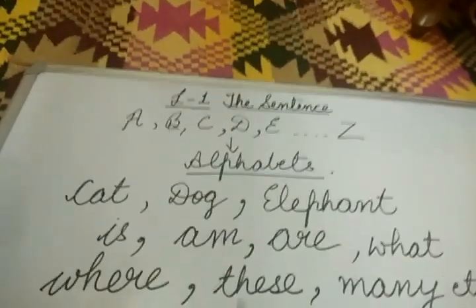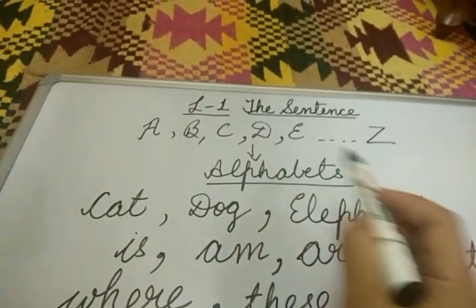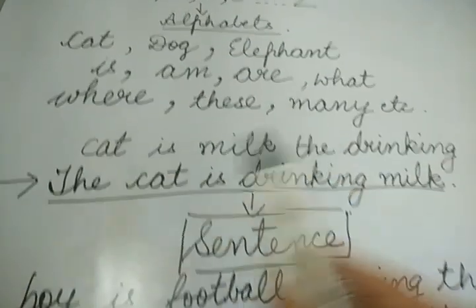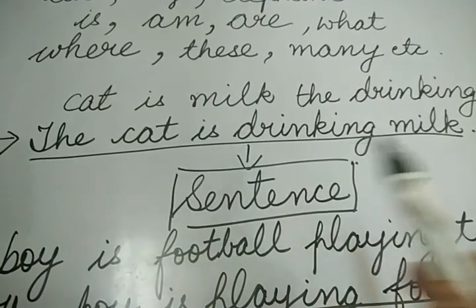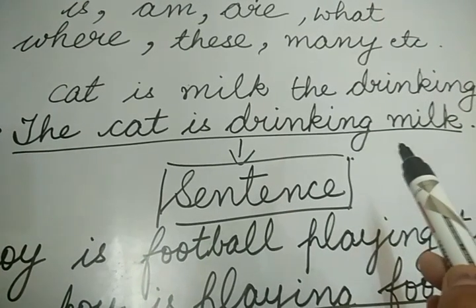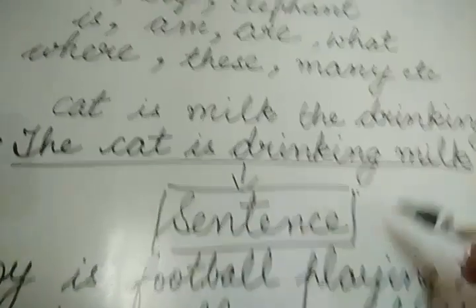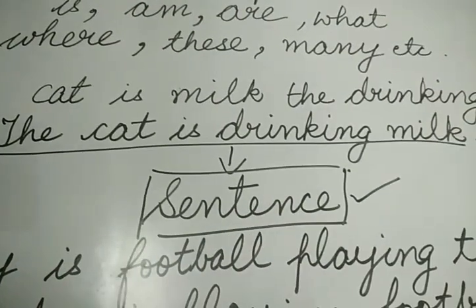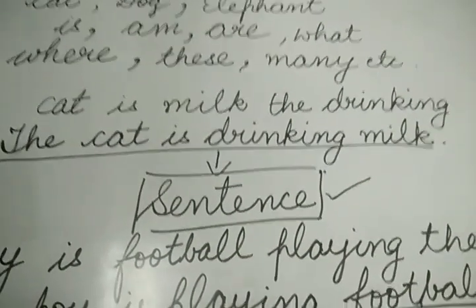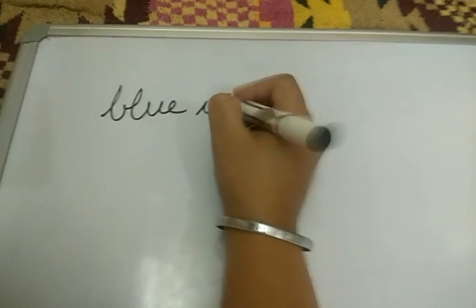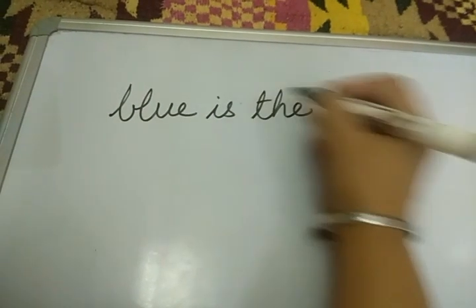So in the beginning I told you that these are alphabets. With these alphabets we form the words. With the help of these words, when these words are arranged in proper order and they have a meaning, that is called a sentence. Now I will give you one more example. Blue is the sky.